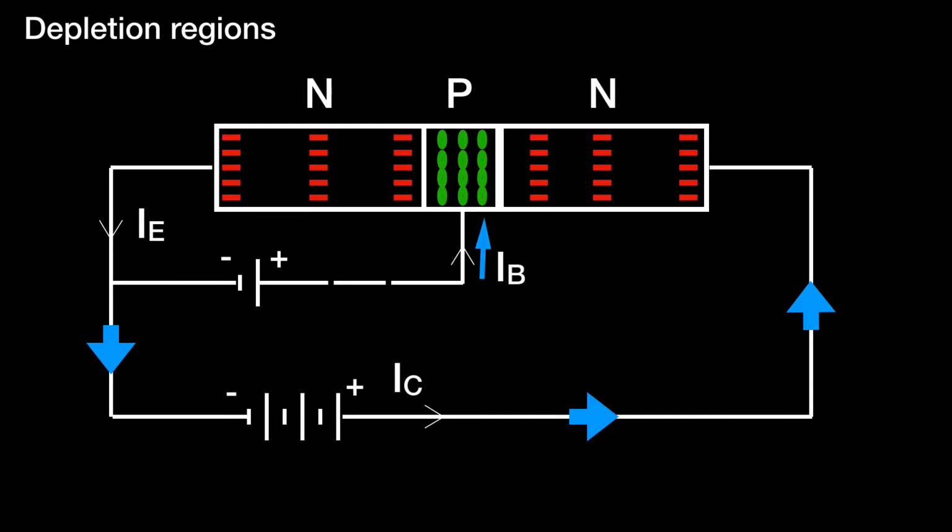So this small current, perhaps a few microamps, into the base causes a larger current to flow in the collector emitter circuit. And the current flowing in the collector emitter circuit could be perhaps of the order of milliamps.